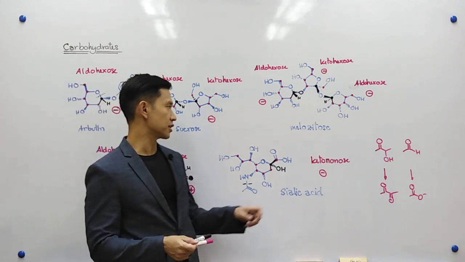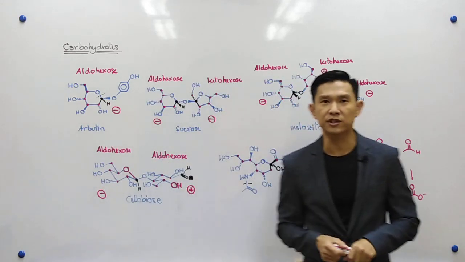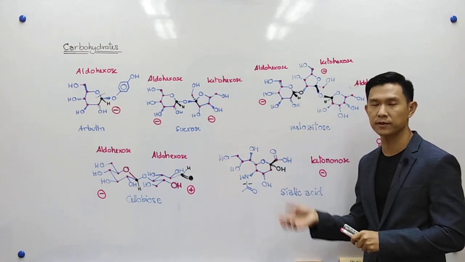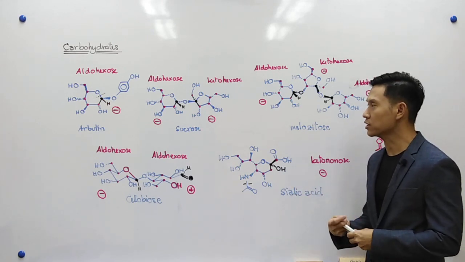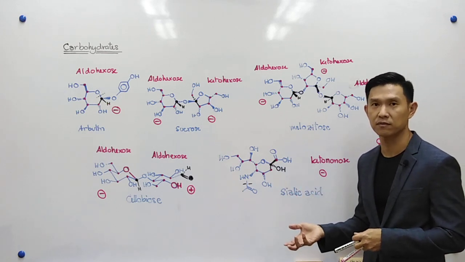So this is a ketononose. Roughly, this is all about the character of the molecules of carbohydrates, their physical properties and also chemical properties, which are reflected by the functionalities and the structure of the molecule.